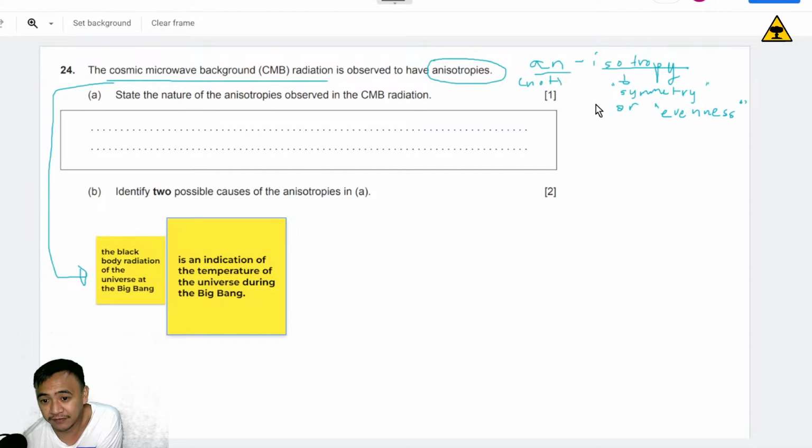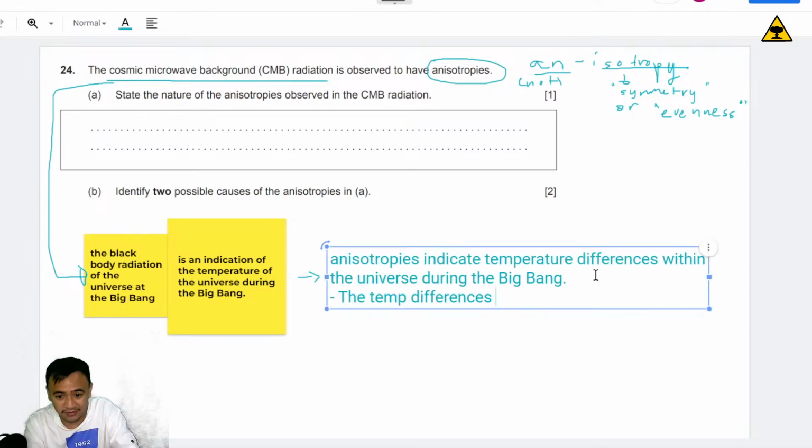Now, what could have caused those temperature differences? The cooling of the universe. Okay. I wouldn't say the cooling, because if you think about it, the universe contains all the energy in itself already. It cannot get out of the universe, right? So the cooling is due to a different factor. Now think about it this way. Let's think about this in terms of the modern universe. Where would you expect the hot regions to be?